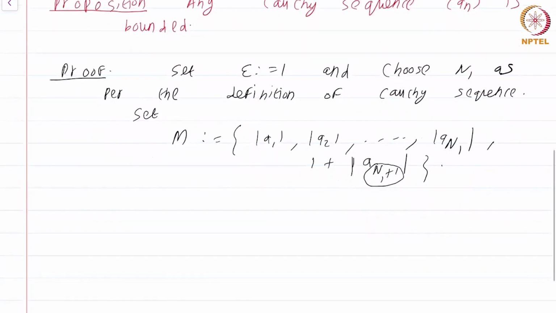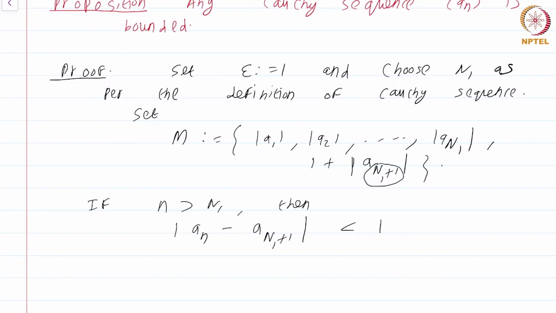Okay, why does this work? This seems like a weird choice. Well, it follows immediately from the way we have chosen N_1. If n is greater than N_1, then we know that |a_n - a_{N_1+1}| has to be less than 1. Why is that the case? Because we had chosen epsilon to be 1 and chosen N_1 as per the definition of the Cauchy sequences.